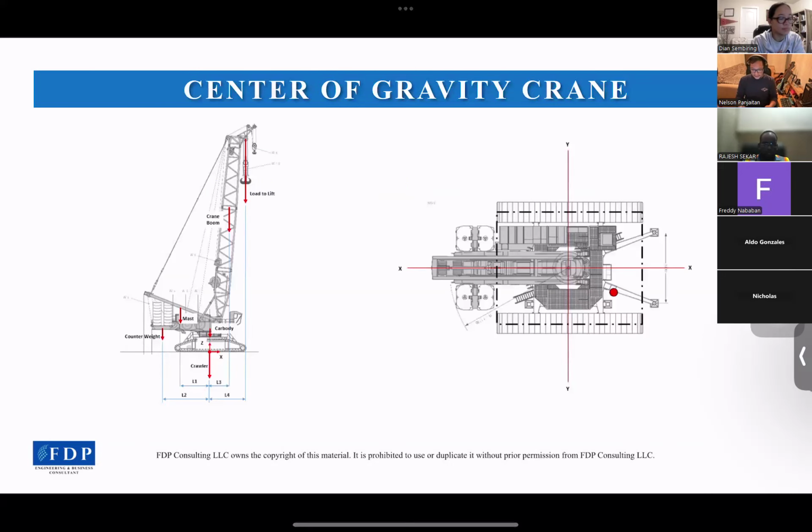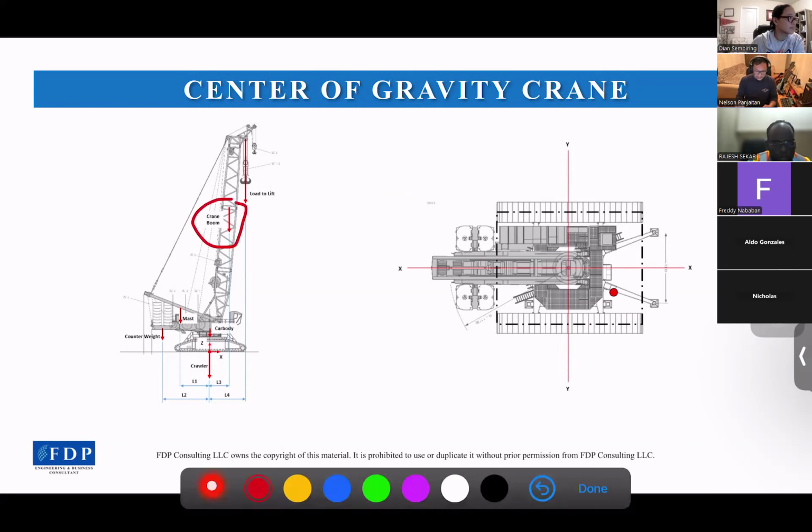So for example, here just to show what exactly I meant about how to calculate the COG. In this picture, it is showing a crane with complete components like the boom here and tracks here, and then the counterweight here, car body is here, and mast is here, and the other things.